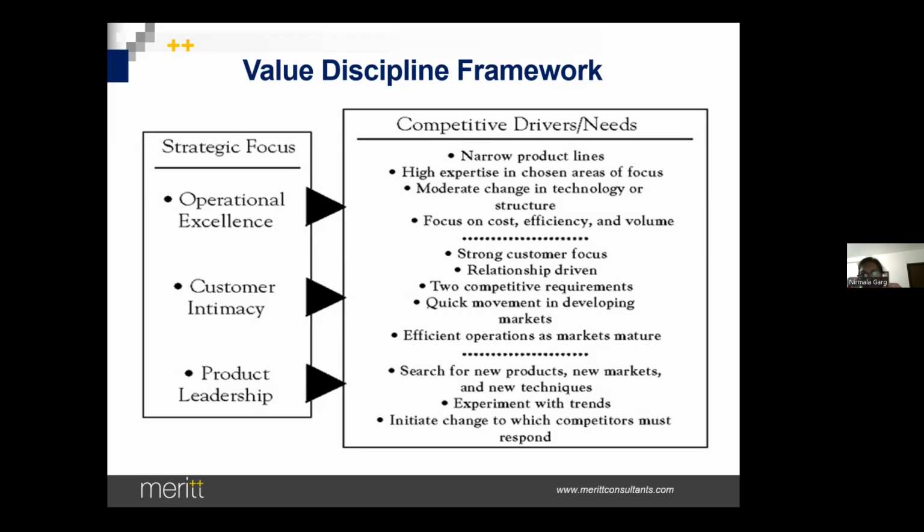The third type is product leadership. Companies like Google, Apple thrive on "my products are very good. We're all the time discovering new features. We lead." But their products are not going to be cheap. So they are going to pay high salaries to recruit and hire very good people.